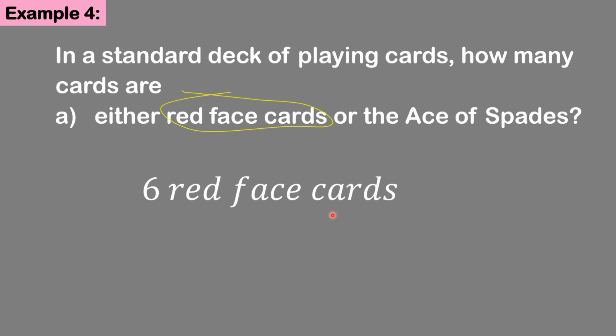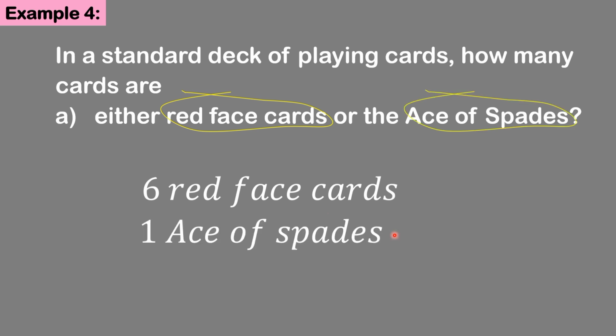So there are 6 red face cards in the 2 red suits, while there's only 1 ace of spades. Add them, so there are 7 cards that are either red face cards or the ace of spades.